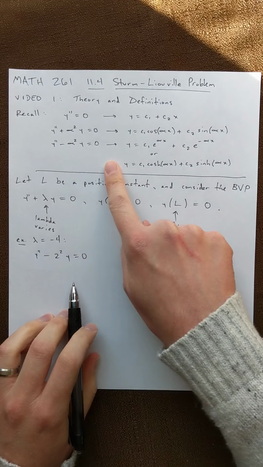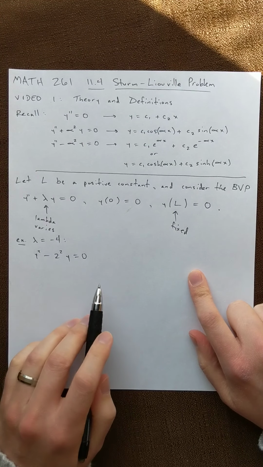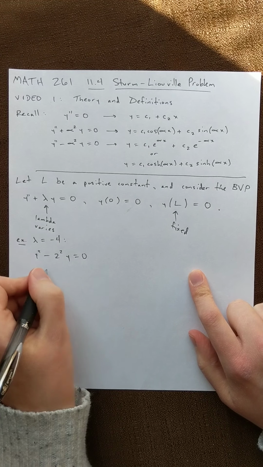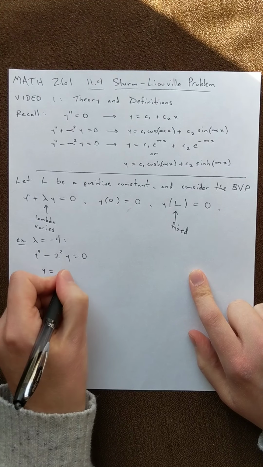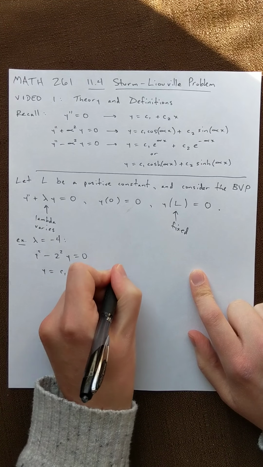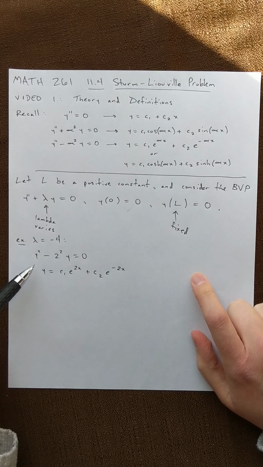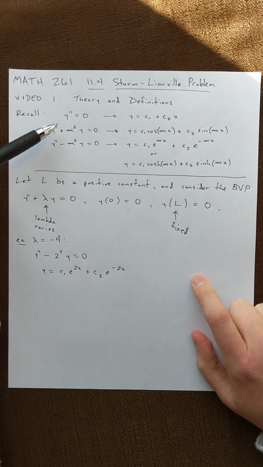And so by what we already have written at the top, our answers are going to be exponentials, e to the 2x and e to the minus 2x. And it wouldn't hurt to just go ahead and do the auxiliary equation every time instead of trying to memorize these rules.